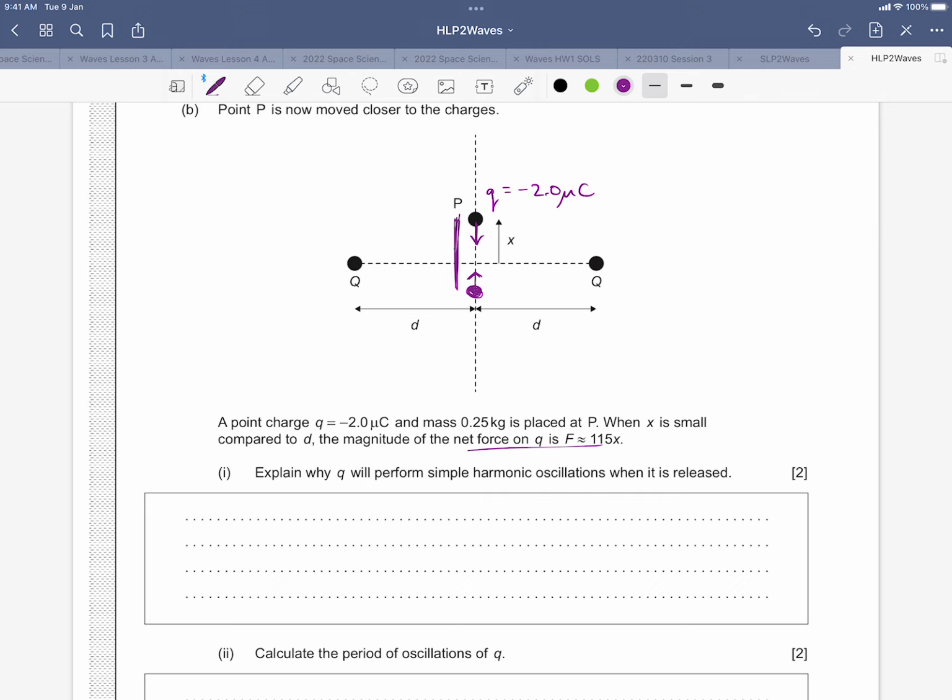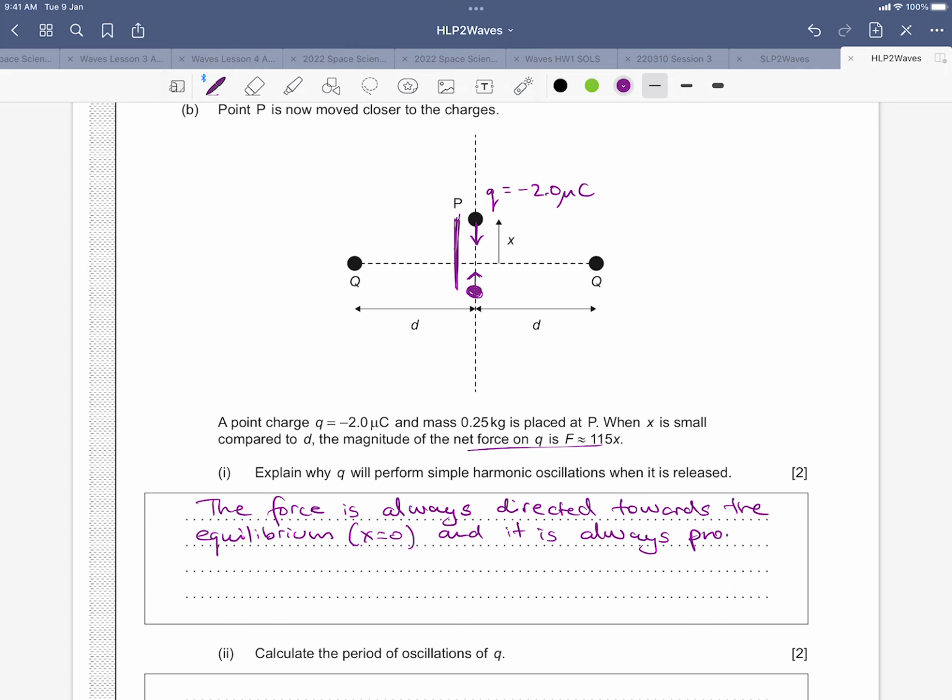We can focus on the force here, so we're going to write that the force is always directed towards the equilibrium, which is x equals 0, and it is always proportional to the displacement, because they give us the formula where that is the case.